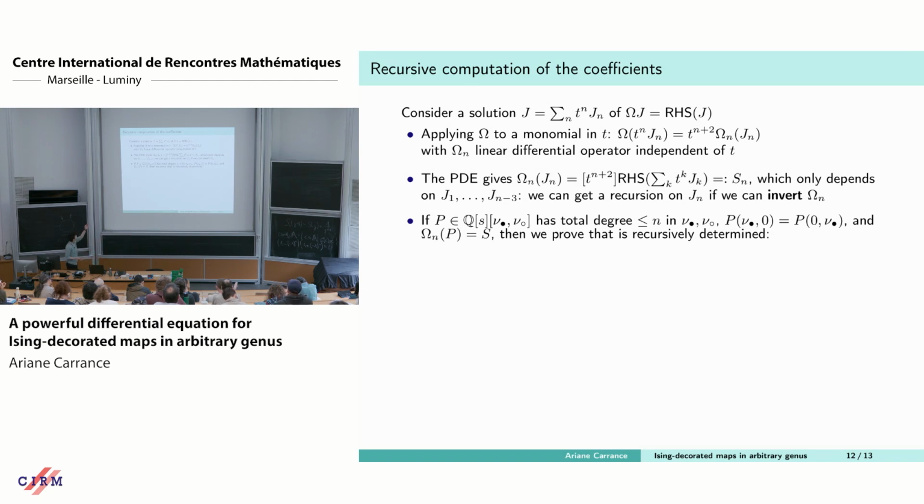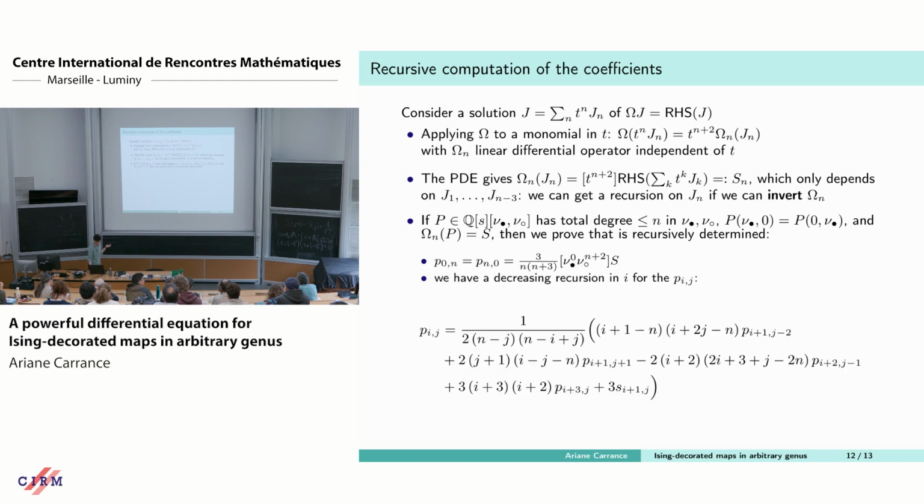Then if omega n applied to p is equal to some other polynomial, the coefficient of t^(n+2) in our right-hand side here, we prove that p can be recursively determined.